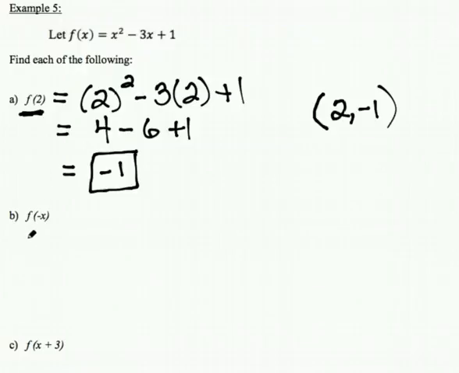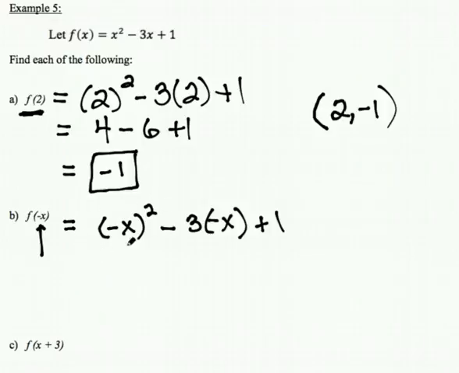Part B wants us to find f of negative x. So again, this right here is telling us what to plug in. So we're going to plug a negative x wherever I see an x. That's going to give me negative x squared minus 3 times negative x plus 1.